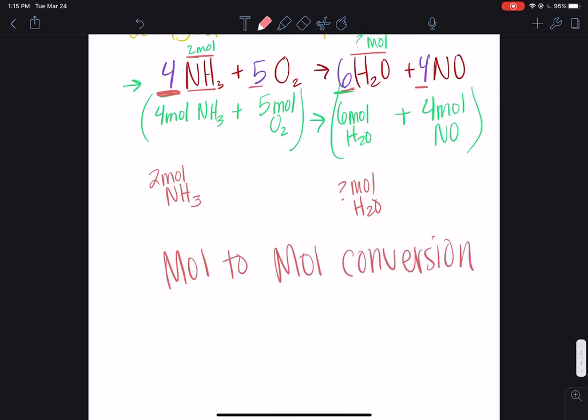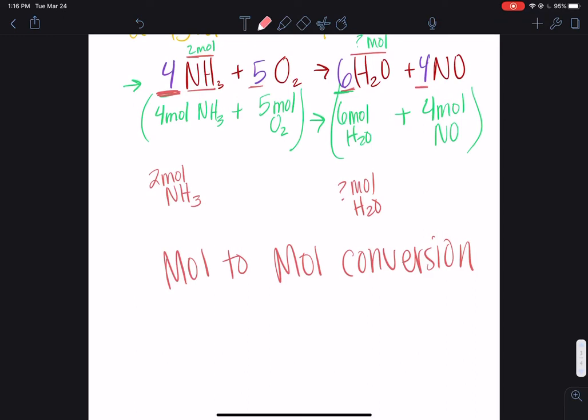Everything that we've done up to this point has been grams to moles or liters to moles or atoms to moles, but it's all been of the same substance. Say I give you 5 moles of oxygen, how many grams of oxygen do you have?